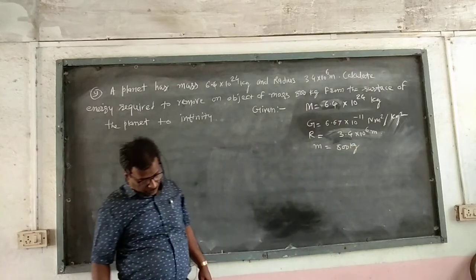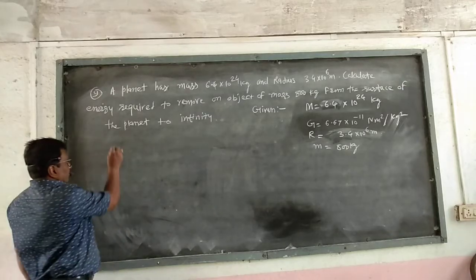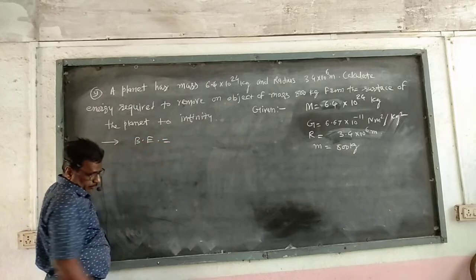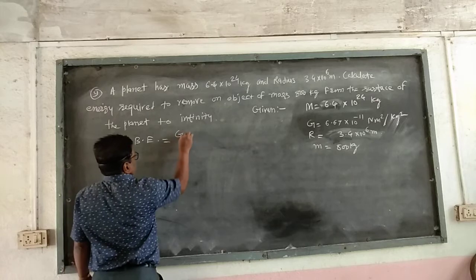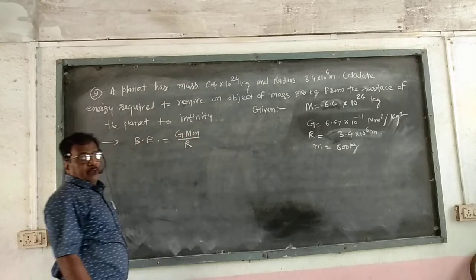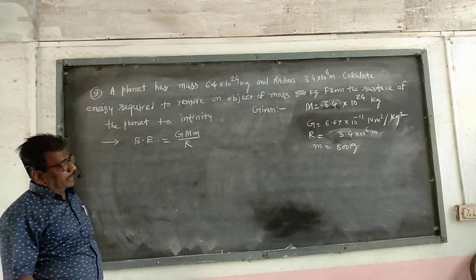So we have to calculate here binding energy. Now we know that binding energy is equal to GMm divided by R. So all values are given in SI unit.